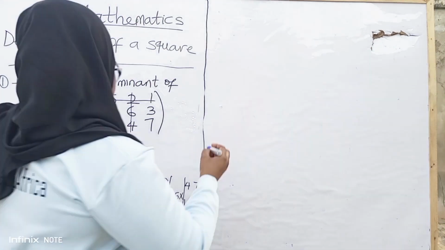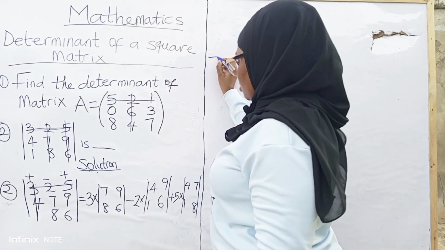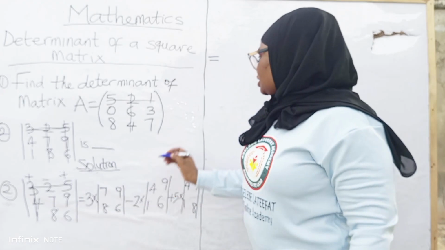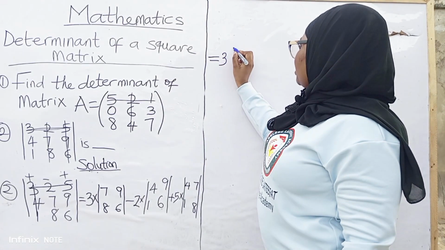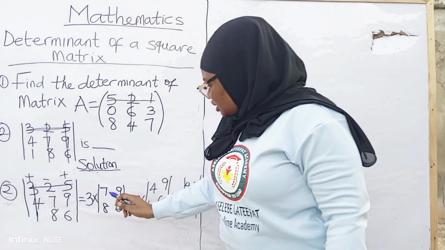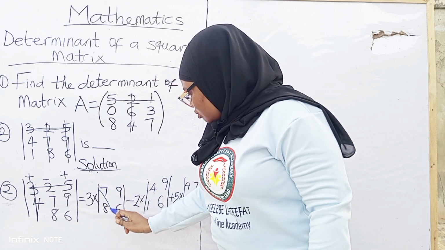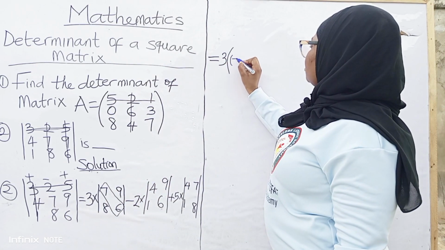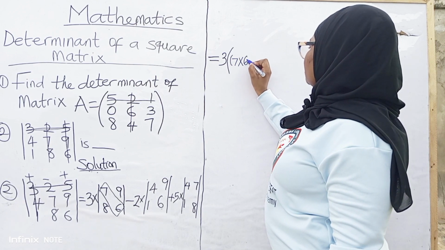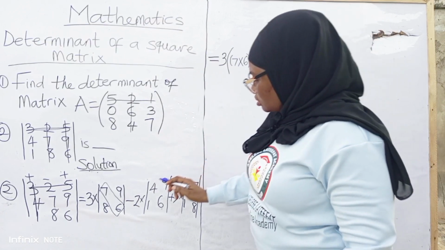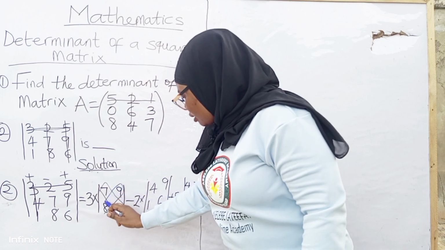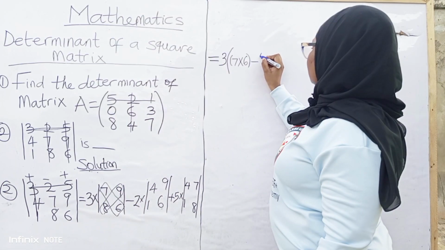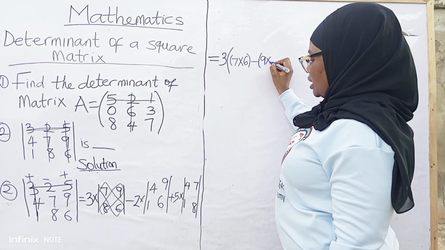So the next thing is that you now take this 3, multiply by, you are finding the determinant of this one. So 7 multiplied by 6 minus 9 multiplied by 8.